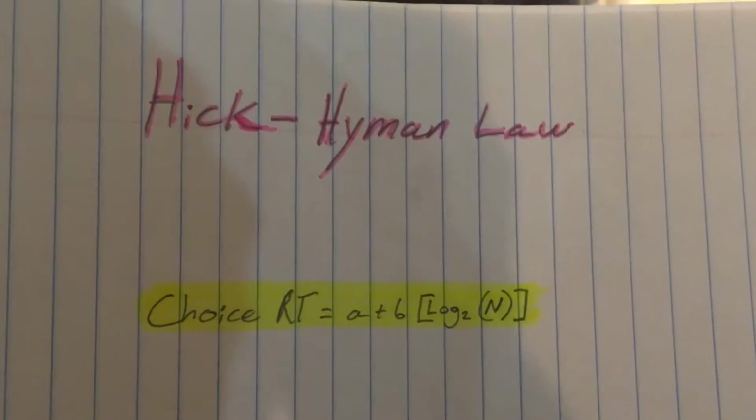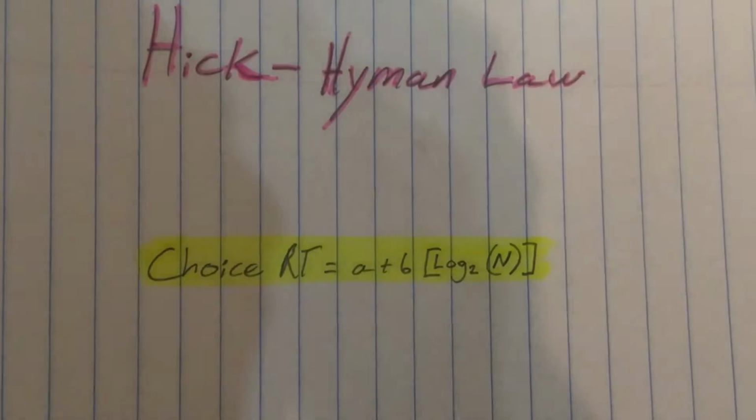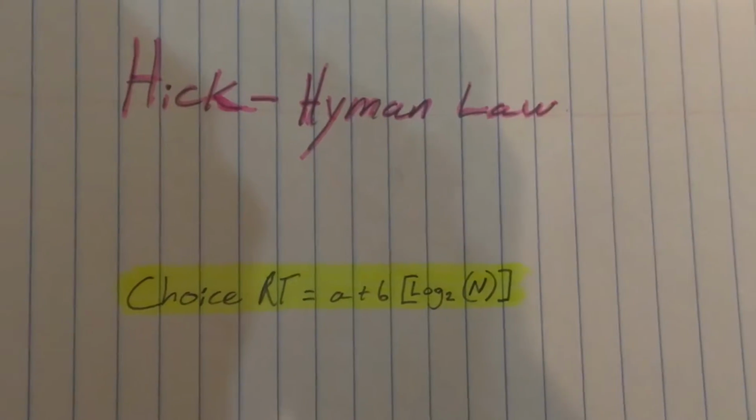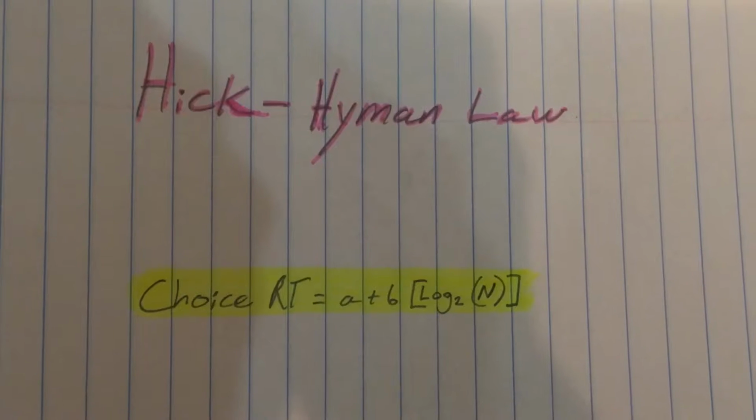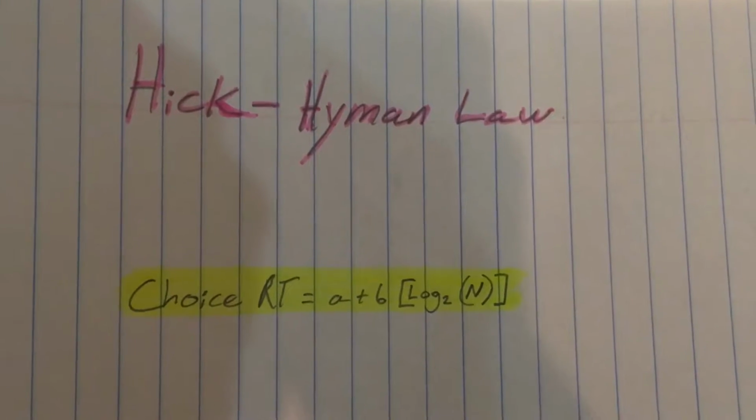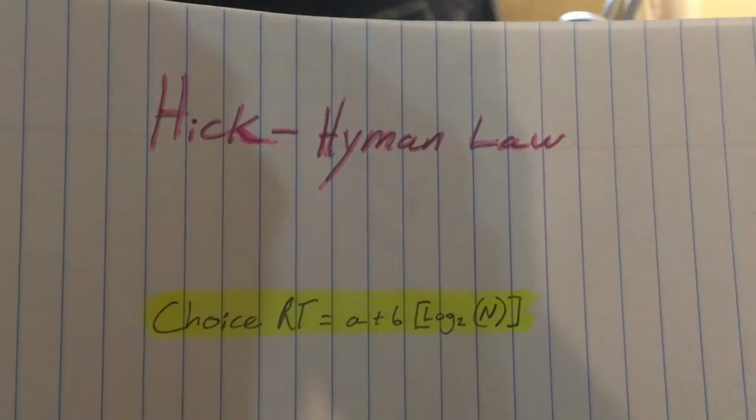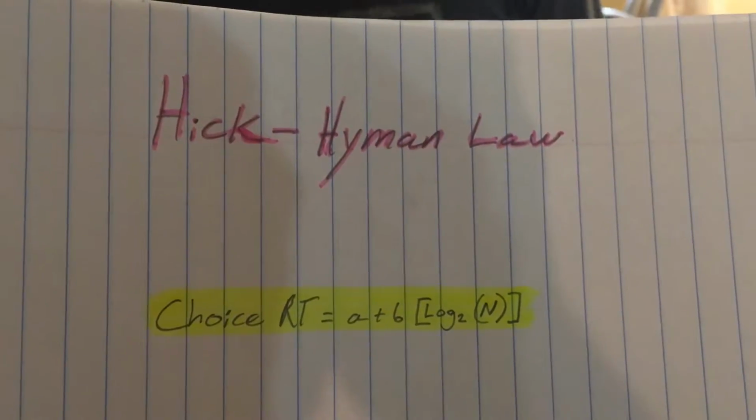They both claim that as the number of stimulus response alternatives increase, a rise in uncertainty will cause an increase in reaction time, which means an increase in reaction time means it's going to be slower on my part. Their experiments showed that reaction time increased by nearly a constant number every time the number of stimulus response alternatives doubled, which this formula gives proof to.